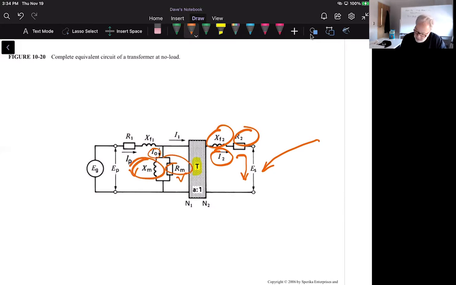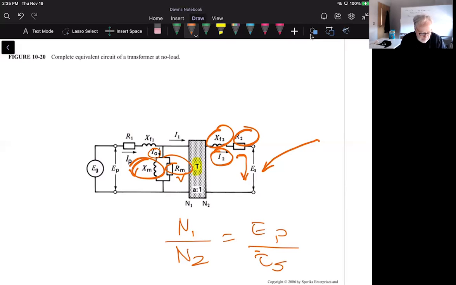The turns ratio is N1 over N2. For this one, we're using a very simple 1 as the turns ratio to keep things simple. So what we are able to migrate to is this idea that N1 over N2 is obviously equal to the ratio of the primary and secondary voltage, EP over ES, and that's measured across the respective terminals.